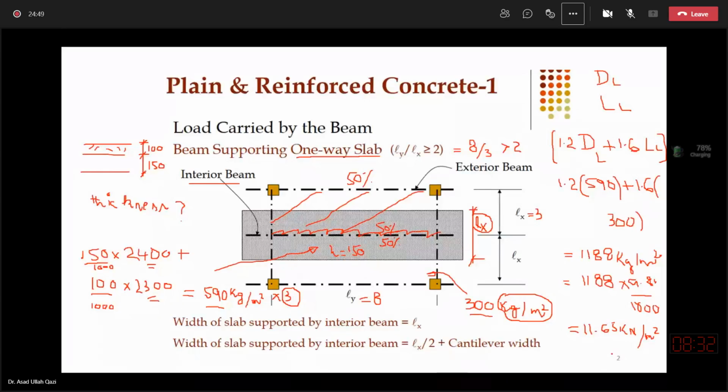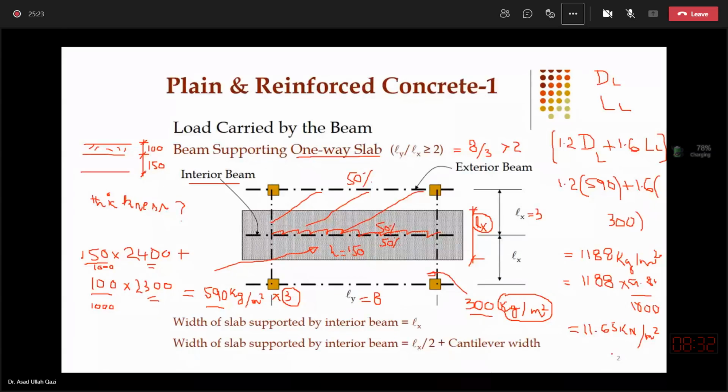In the SI system of units, the ultimate pressures which you will mostly use will be around 11 to 15 kilonewton per meter square on normal slabs of thickness around 150 millimeter and ordinary finishes of 100 millimeter thickness and normal live loads, not very extraordinary heavy loads like on warehouses or godowns where the live load proposed will be higher.